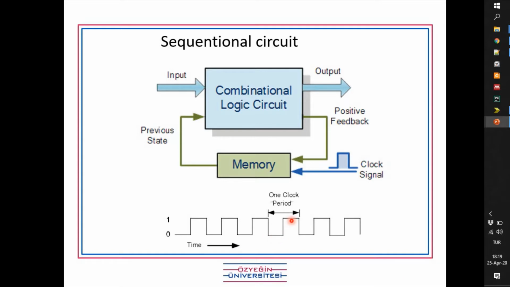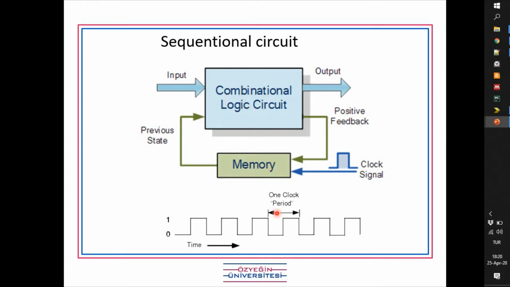So sequential circuits use a clock to understand time and to synchronize between the combinational circuit and the memory element, because combinational circuits don't use a clock. They just change whenever the input is changing, and the output changes immediately. It doesn't need to wait for a rising edge or falling edge, it doesn't wait for anything from the clock.